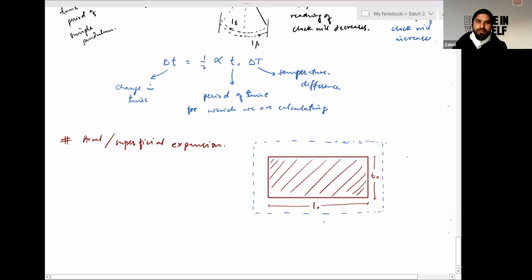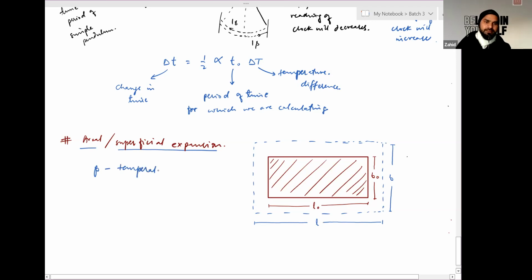So that length would become L and breadth B. So for this part, we may define another rate of expansion of solids in terms of area, which is called beta, the temperature coefficient of areal or superficial expansion.